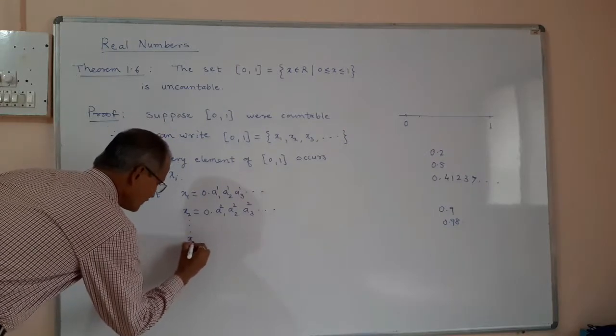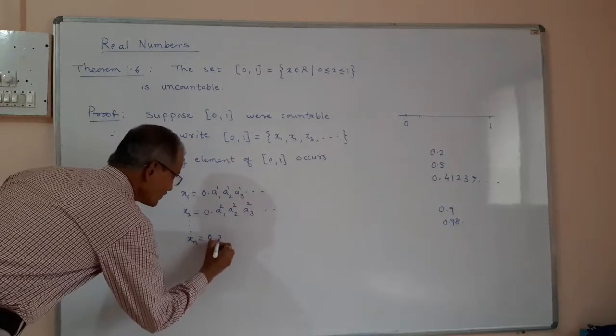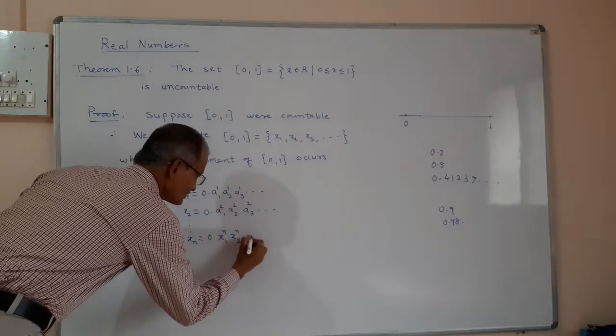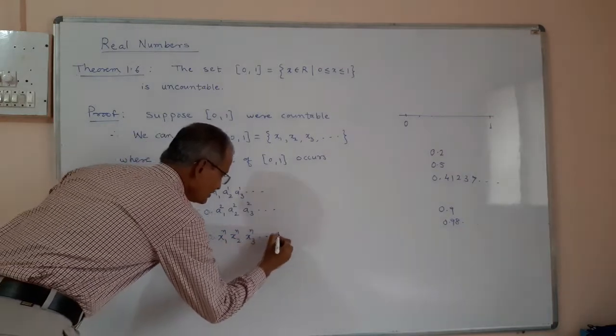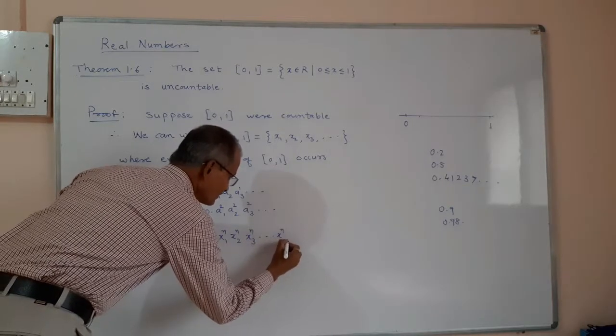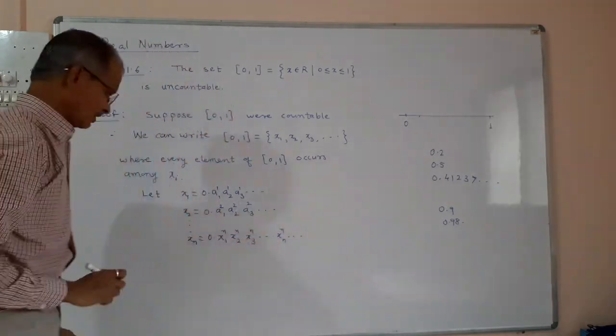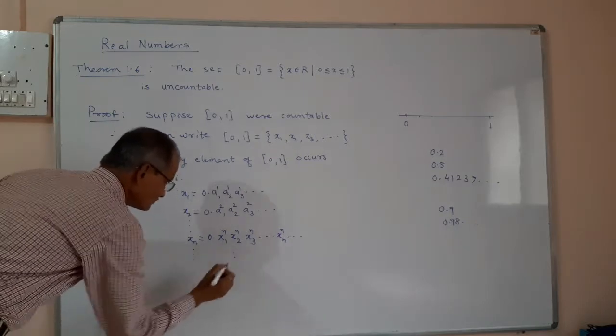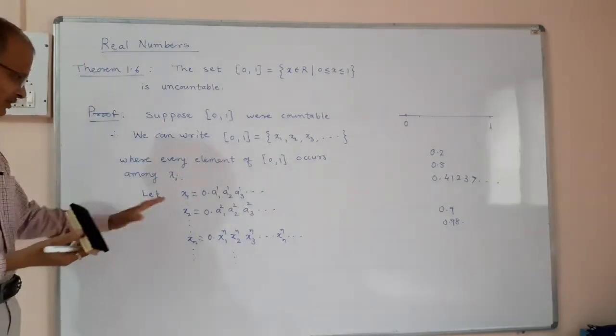Likewise, xn is equal to 0.an1, an2, an3 and in general ann, and this may continue up to infinity. So we assume like this.